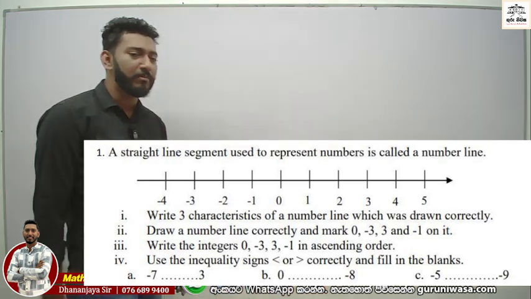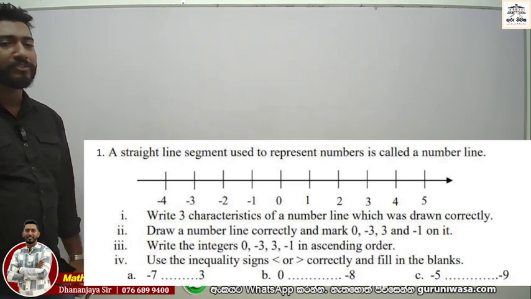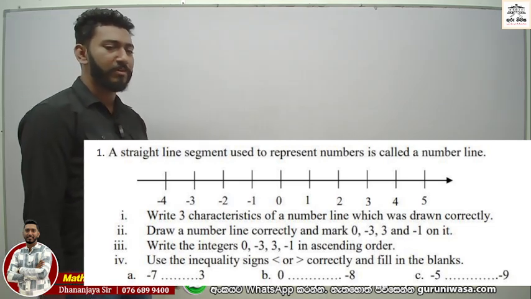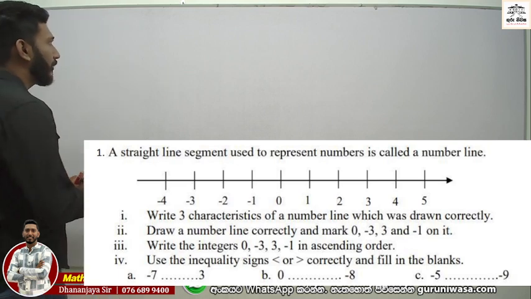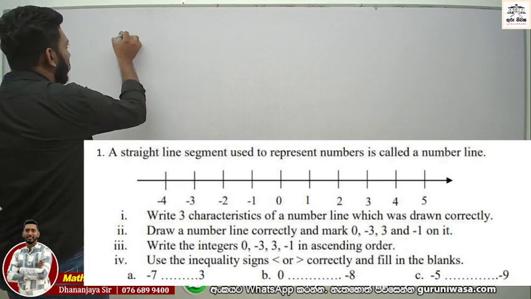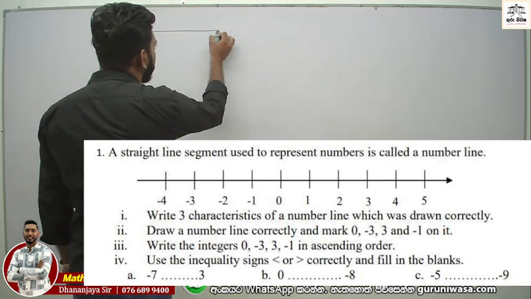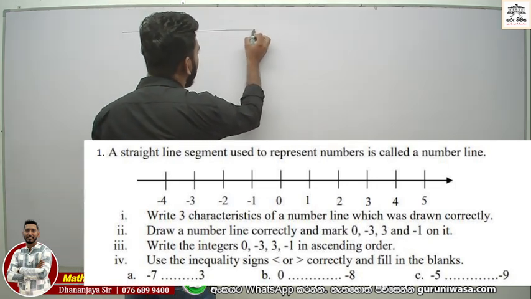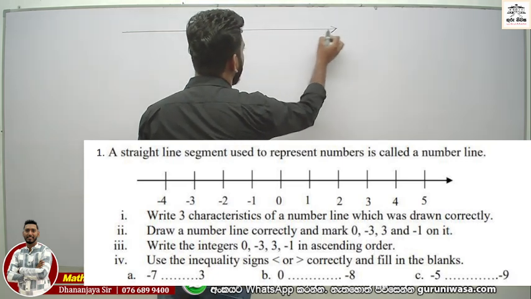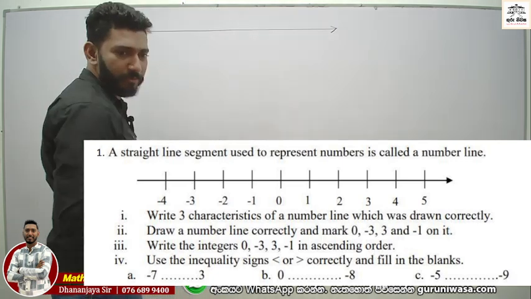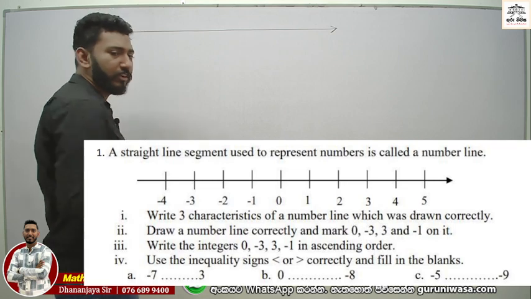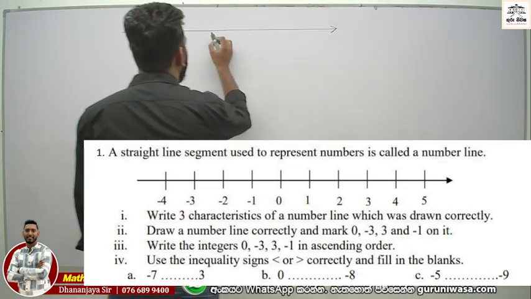Now, draw a number line correctly and mark 0, minus 3, plus 3 and minus 1 on it. Right. You have to draw the number line correctly. Draw the arrowheads. And what is the maximum positive number? It is 3. Right. Now we're going to mark.